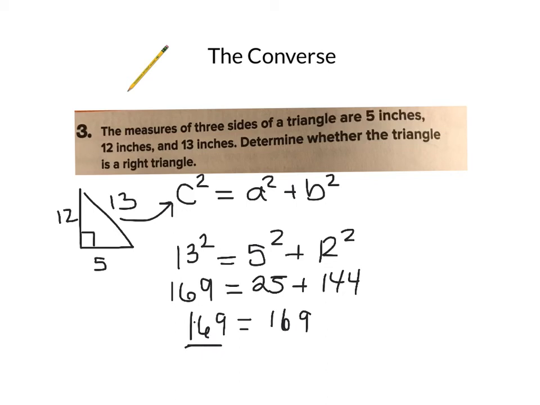Since both my sides equal each other, that means that this triangle described in my problem is a right triangle because I can prove it by plugging it into this converse form or the reverse of the Pythagorean theorem and get it to equal out.